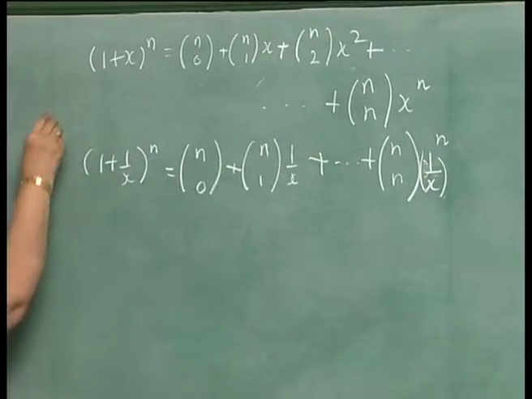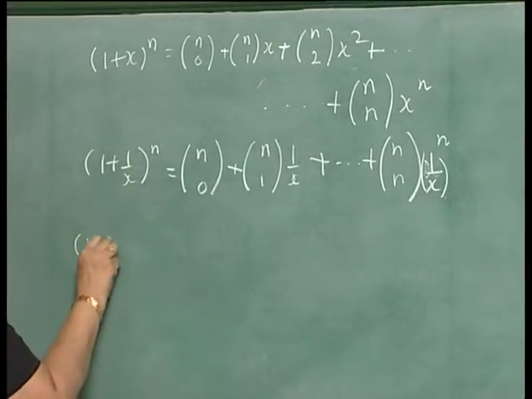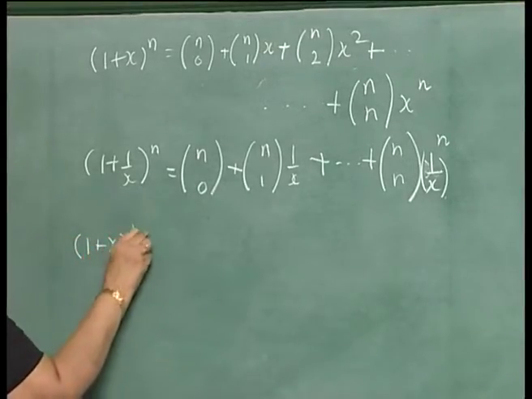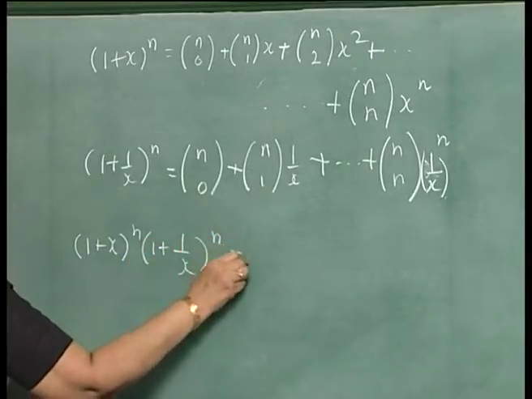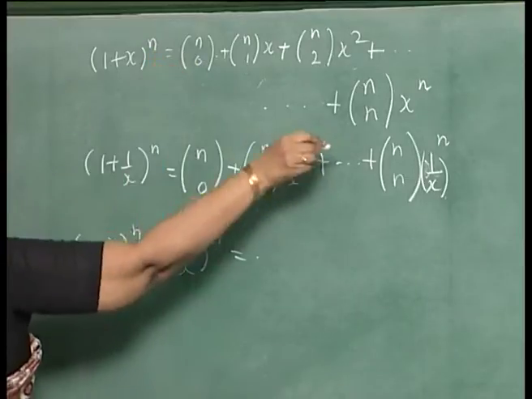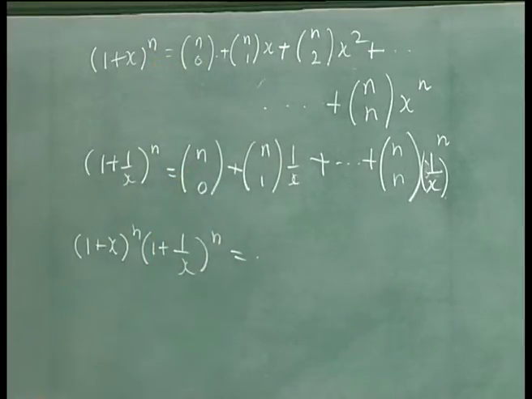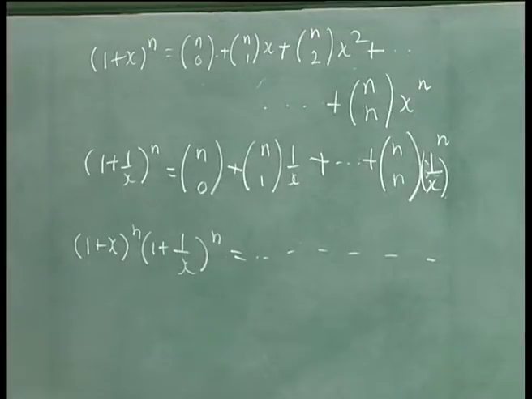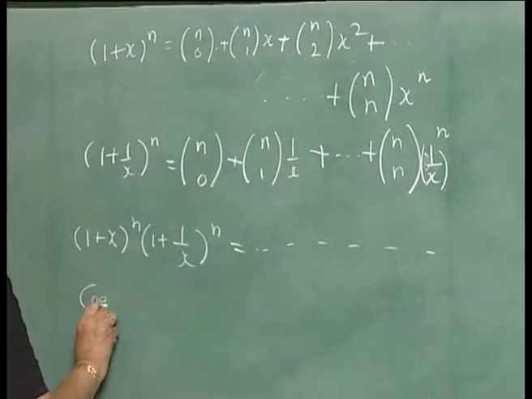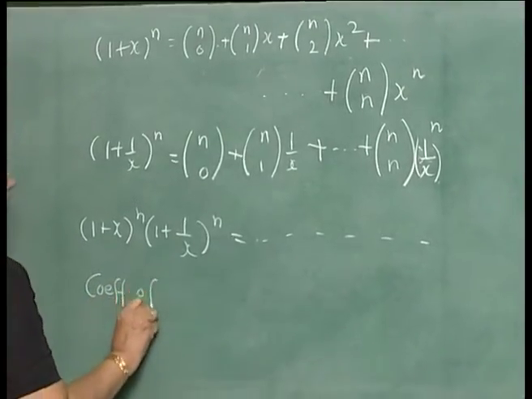Now, if you multiply these two, you consider (1 plus x) power n into (1 plus 1 by x) power n. You have to multiply this whole thing by this. Now, what is the coefficient of x power 0, or the constant term here? Right hand side will be some expression.